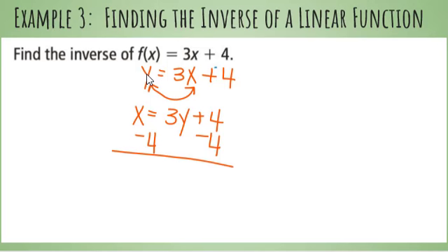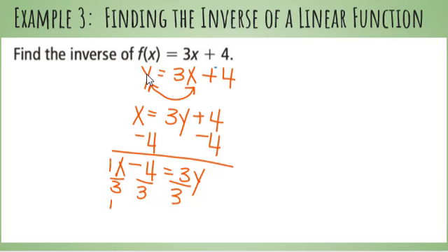I'm going to subtract the 4 from both sides, so I have x minus 4 is equal to 3y. Then I can divide each term by 3. I like dividing each term by 3 because then we end up getting a linear function in graphing form, y equals mx plus b.